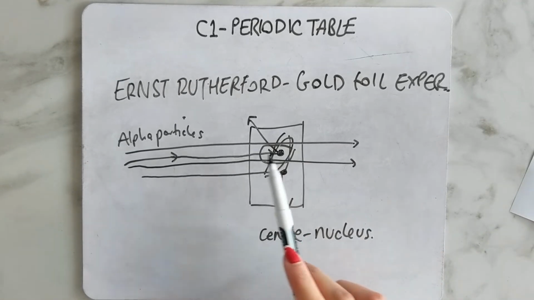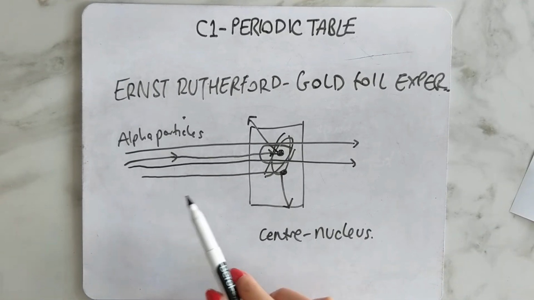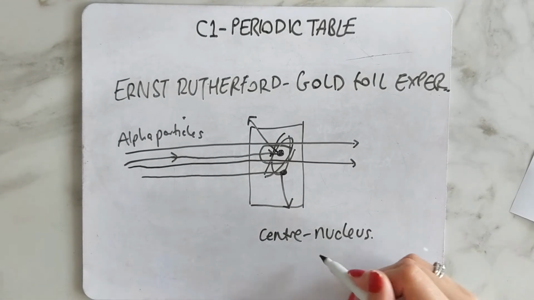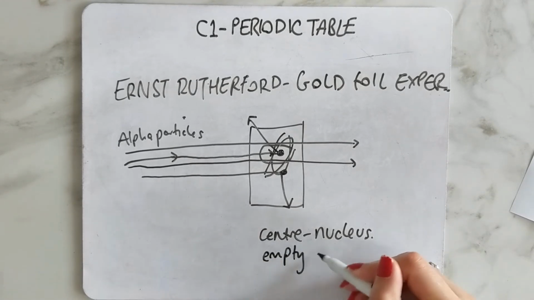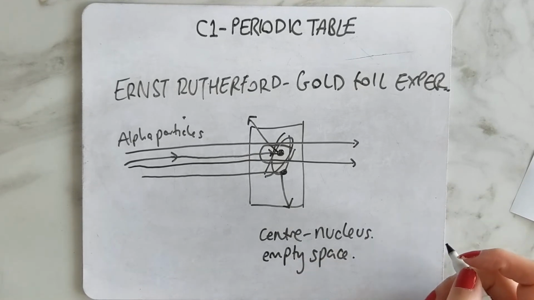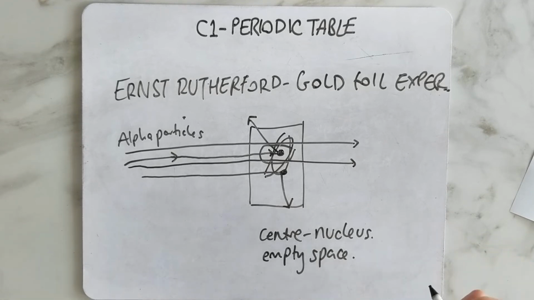And then because the majority of the alpha particles went straight through, the atom must be mostly empty space. So Rutherford basically disproved Thomson's plum pudding model because Thomson said there were lots of electrons scattered around and the whole thing was positive, whereas Rutherford actually found that the atom is mostly empty space.